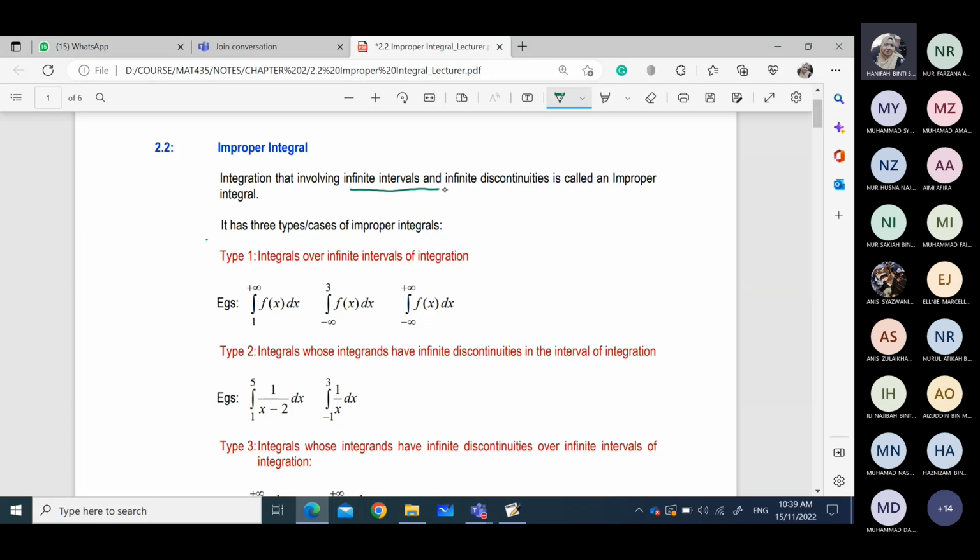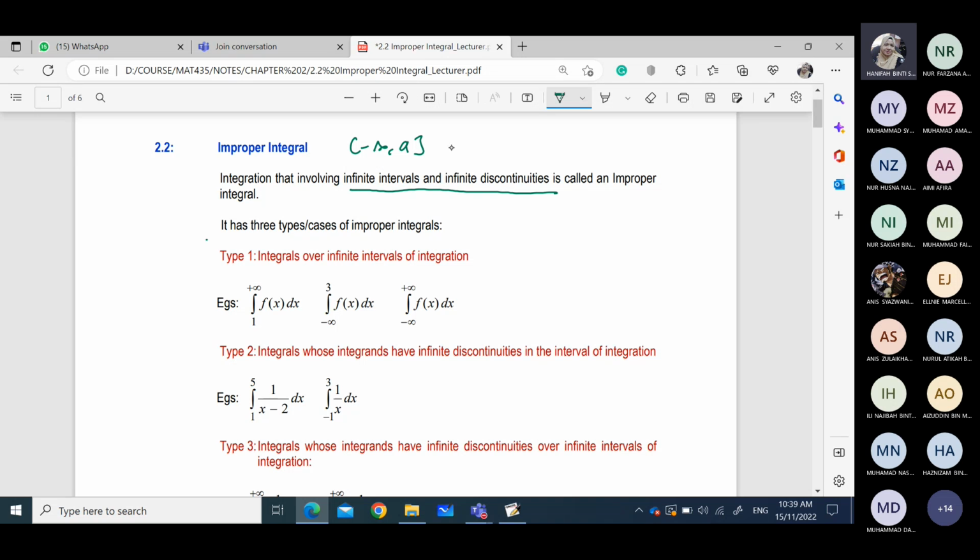So maknanya dekat sini kalau kita ada integration yang melibatkan infinite interval. Infinite intervals like negative infinity to A, where A is a point, any real number.